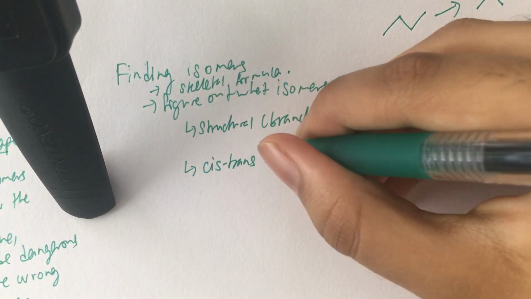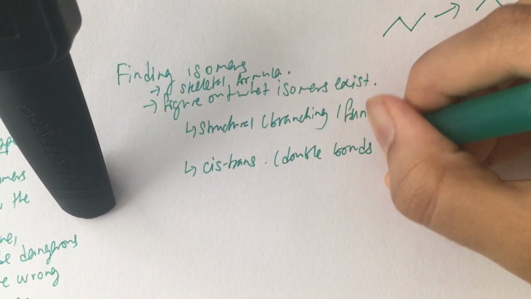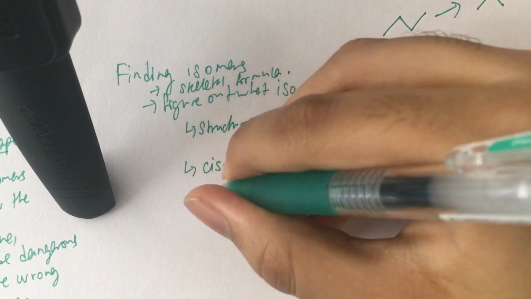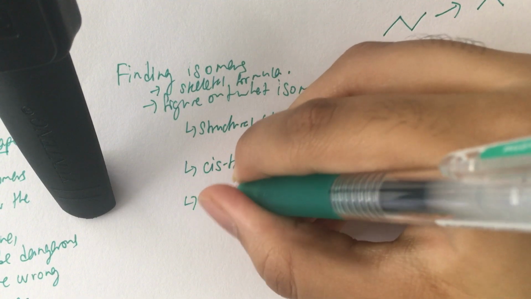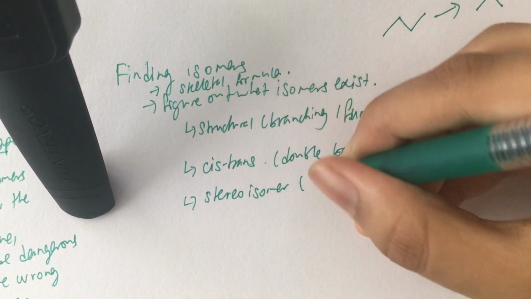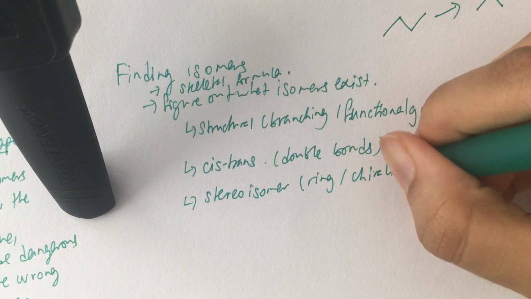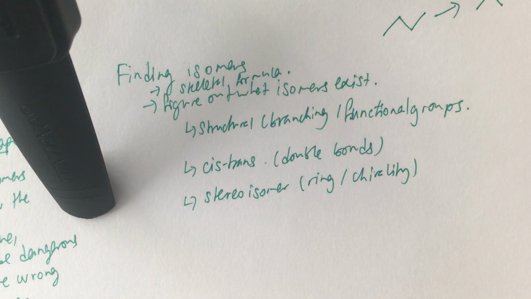And for enantiomers or chiral centers, just look for the chiral centers. See which carbons are sp3 carbons, and see if all of the four bonds are different things. Then it is a chiral center.